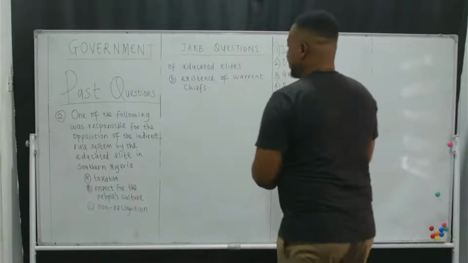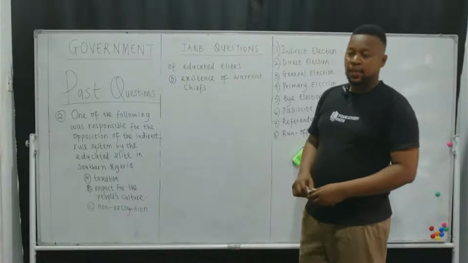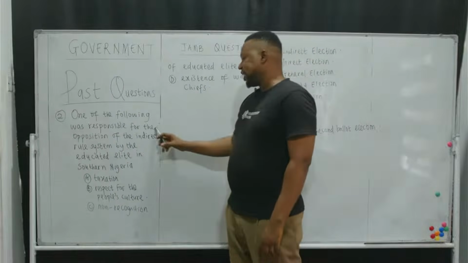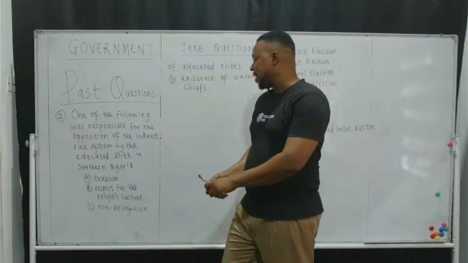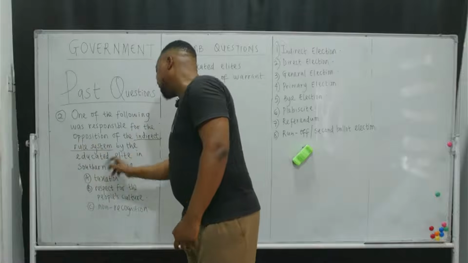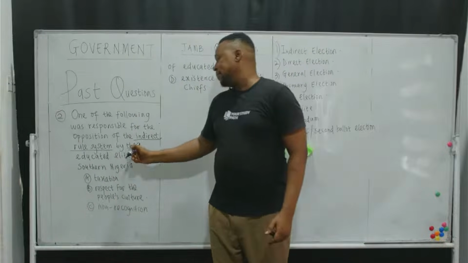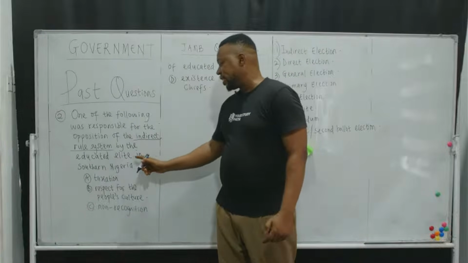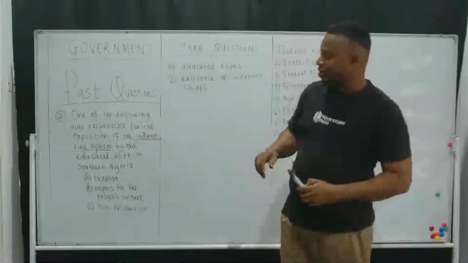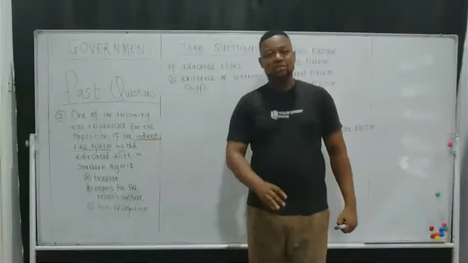Now, this was question 2. One of the following was responsible for the opposition of the indirect rule system by the educated elite in southern Nigeria. You can see that from the question, I underline the word indirect rule system.